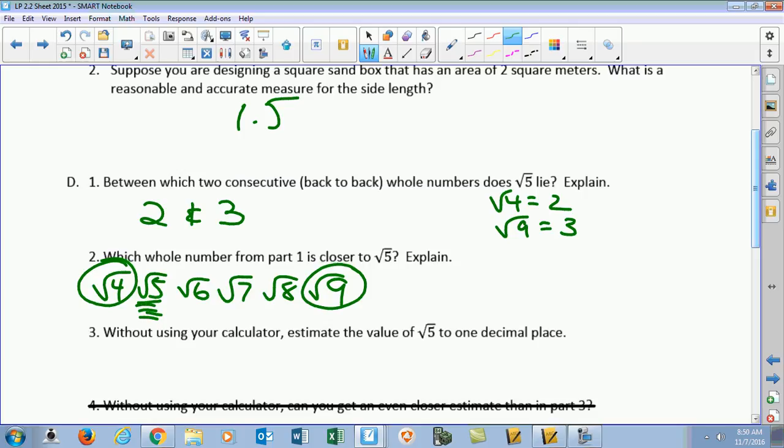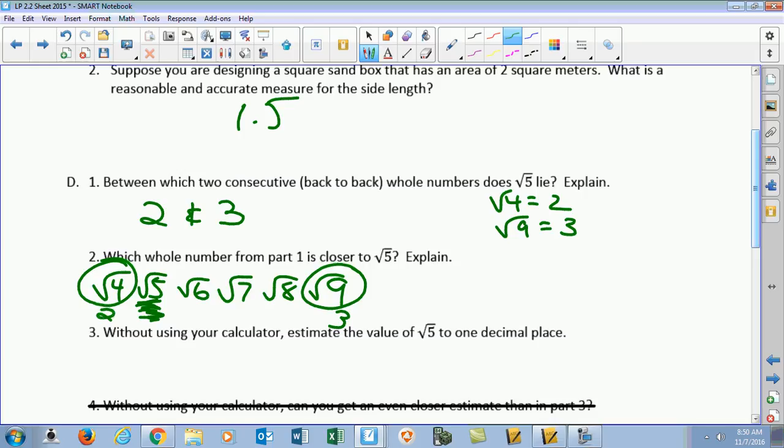Come on, somebody else answer. Which number is it closer to, 2 or 3? Remember, 2 is the square root of 4, and 3 is the square root of 9. So where is this one closer to?